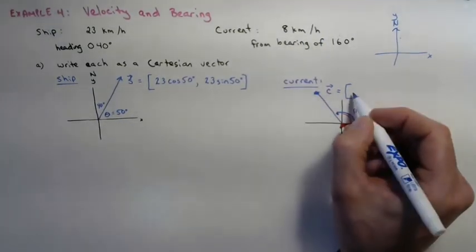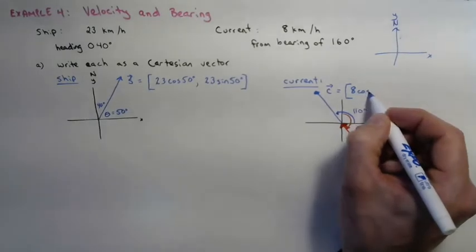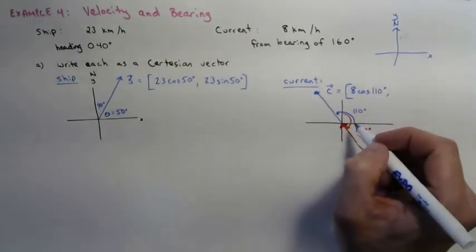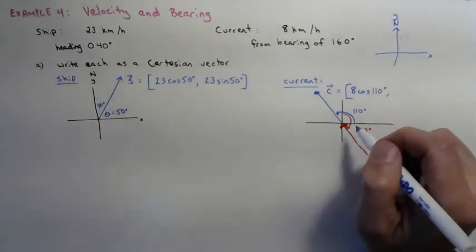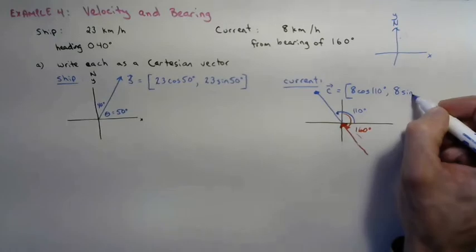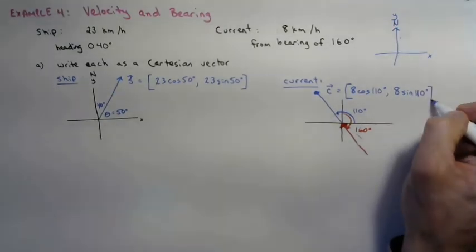The horizontal component then is 8 times the cosine of 110 degrees. And the vertical component is 8 times the sine of 110 degrees.